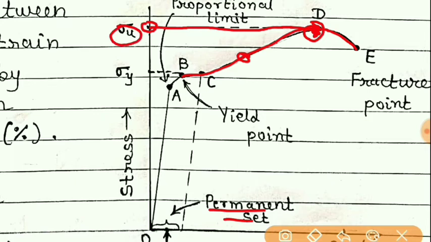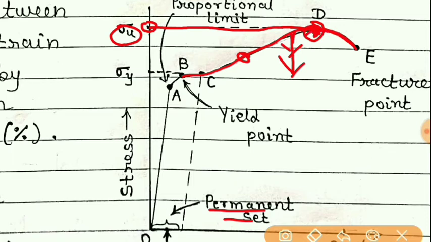Ultimate means now even if you do not increase the mass, what will happen? The strain is produced, means the length of the material will go on increasing. Even if you reduce the mass stepwise, then also this strain will continue.